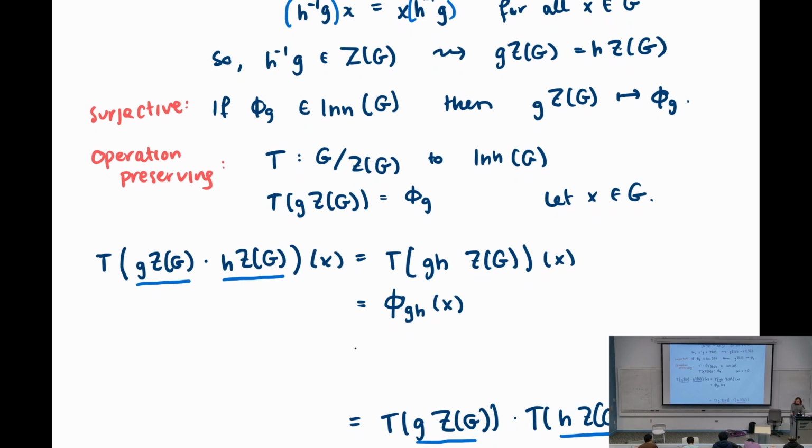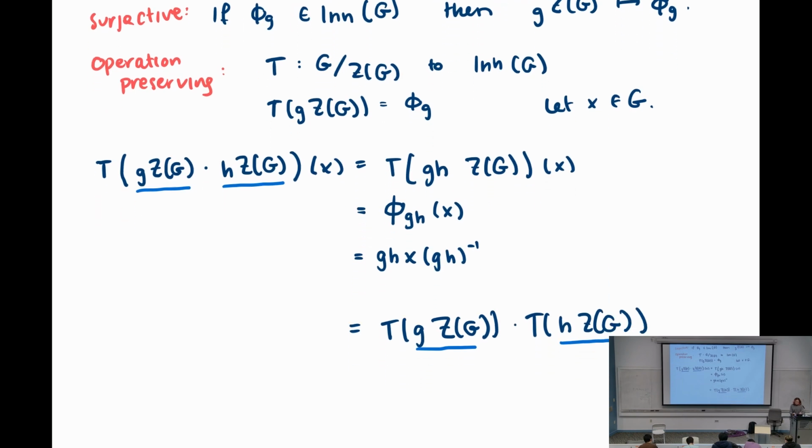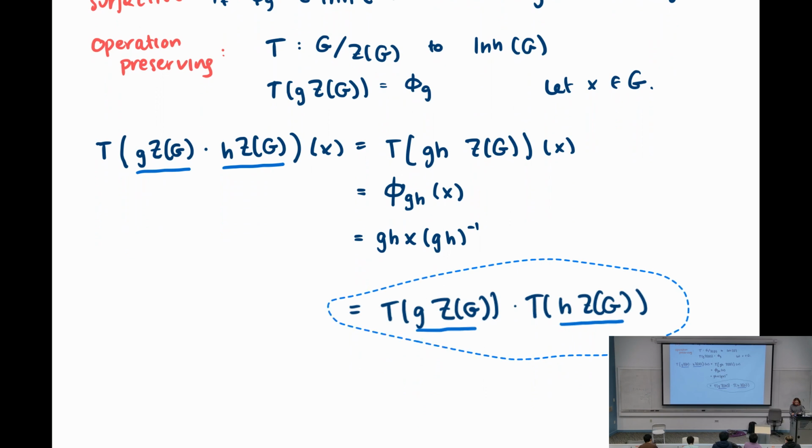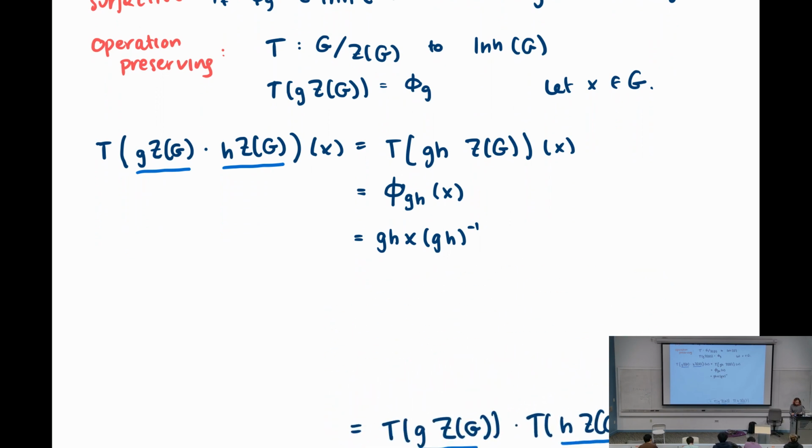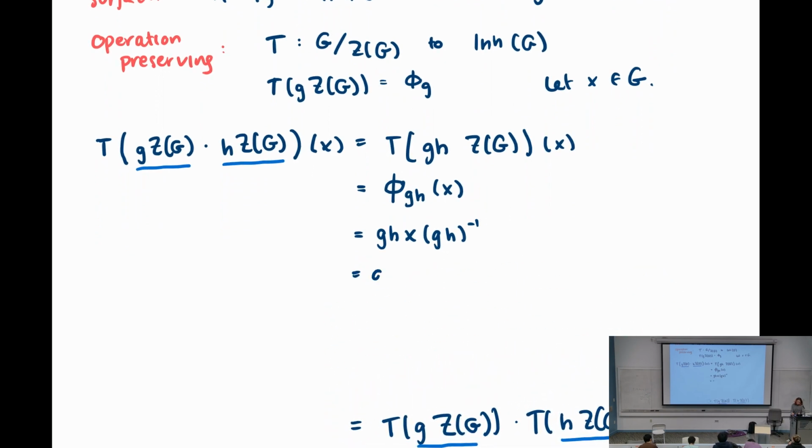So what is this inner automorphism? I do gh x, and then I have to invert, so we'll do gh inverse. This is gh x h inverse g inverse.